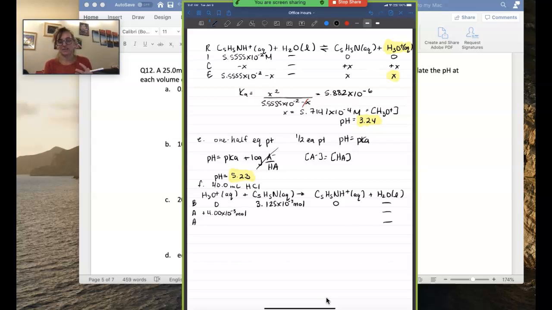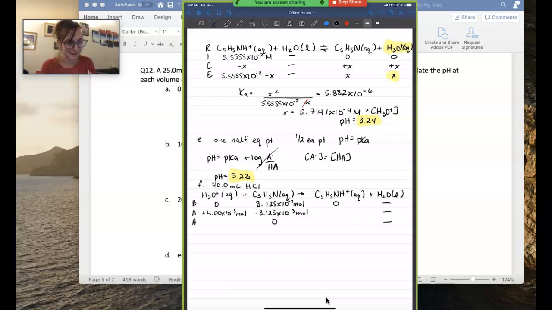Now you ask yourself, which one is the excess reactant and which one's the limiting reactant? The limiting reactant now is pyridine, right? And so it will be completely consumed by the hydronium ions, which is your excess reactant. So when we subtract here, we can only subtract what is going to be consumed. So we can only consume 3.125 times 10 to the negative third to give us no more pyridine.